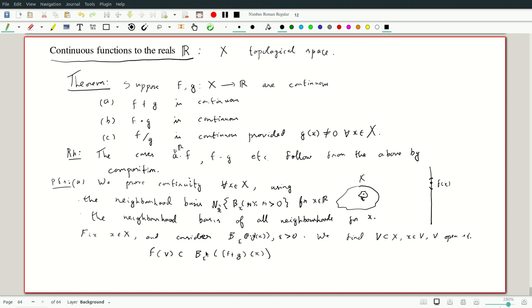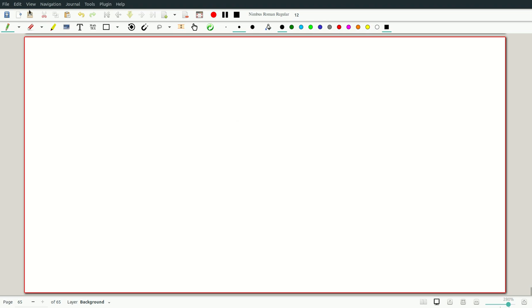Okay, and we have to construct this V, and we will do it as usual by constructing neighborhoods corresponding to f and g, with epsilon by 2 replacing epsilon.